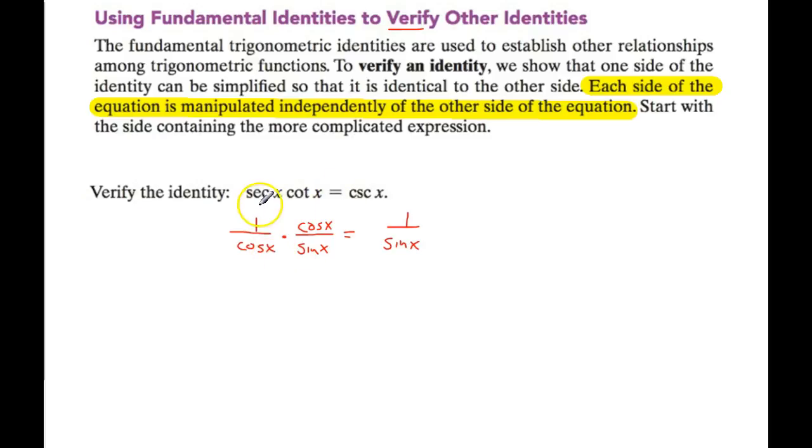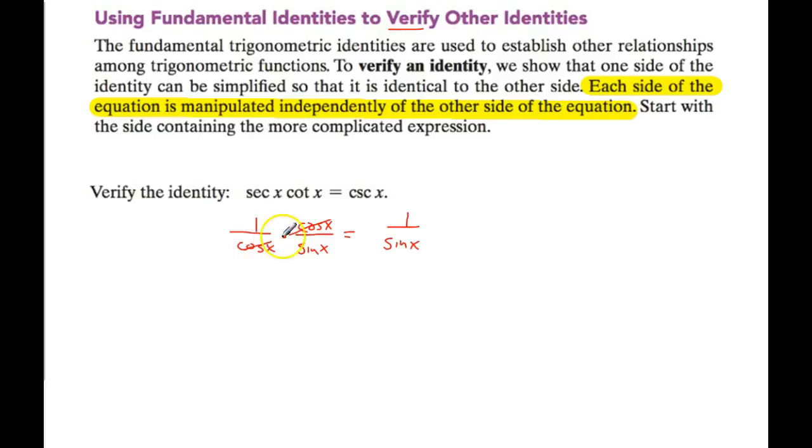Alright, and then just note, all I did is I worked independently. I changed this to its reciprocal definition, changed this to its ratio definition, changed this to its reciprocal definition, and then just simplify. Now again, I'm just working on the left side. I'm not dividing both sides by anything. I'm just cleaning this up.